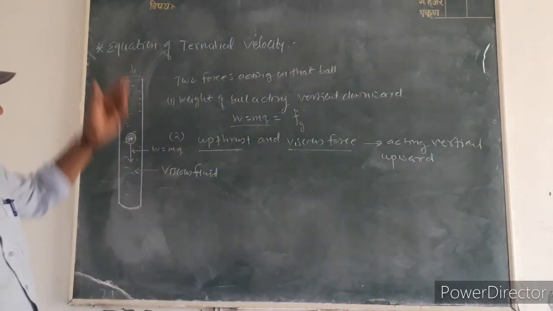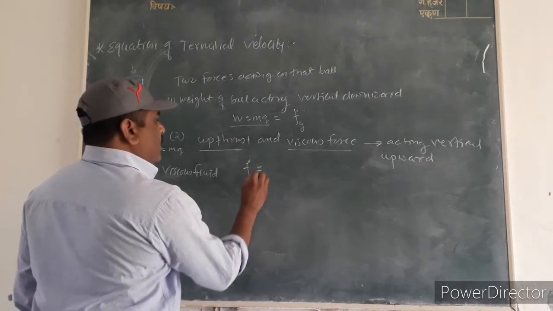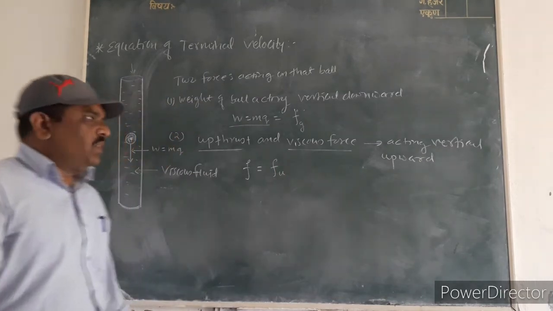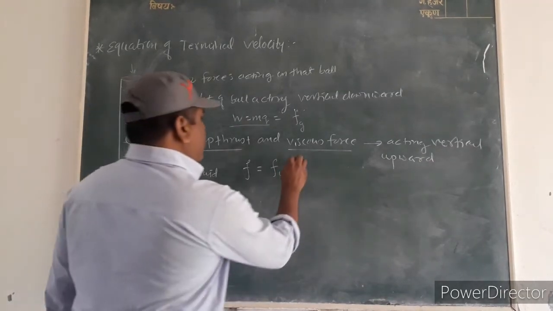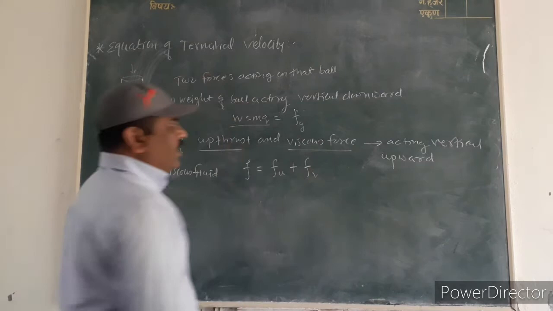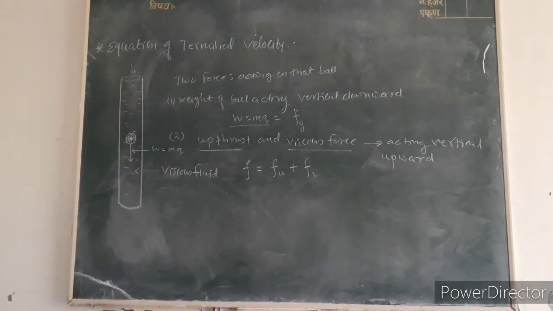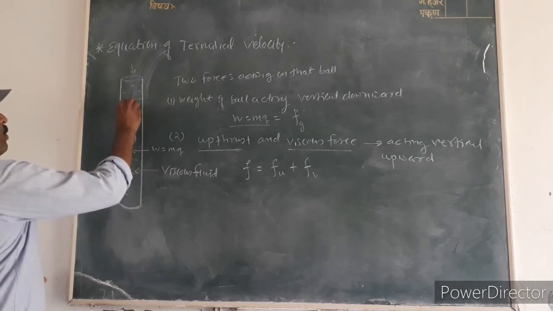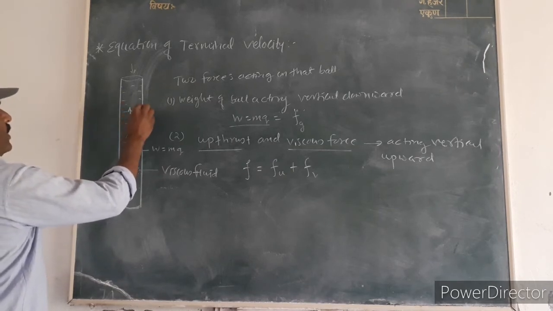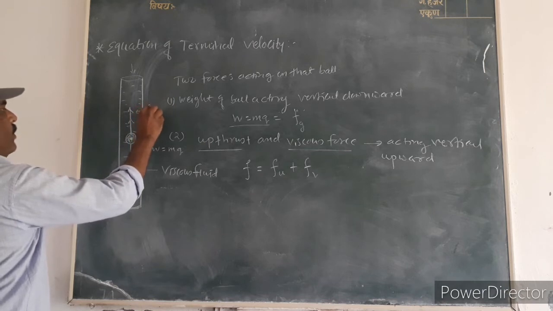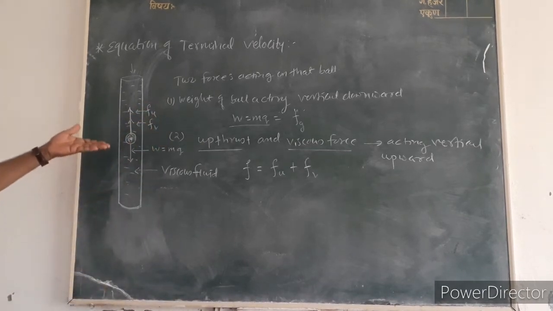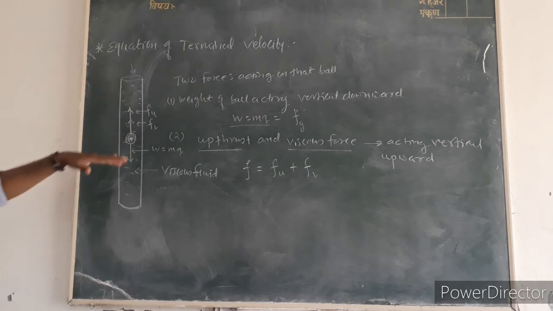Hence, the total upward force F is equal to Fu, the upthrust force, plus Fv, the viscous force. These two forces act vertically upward and the weight acts vertically downward.